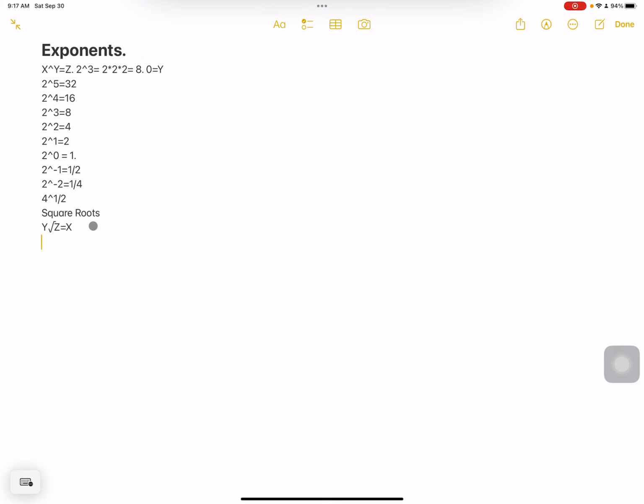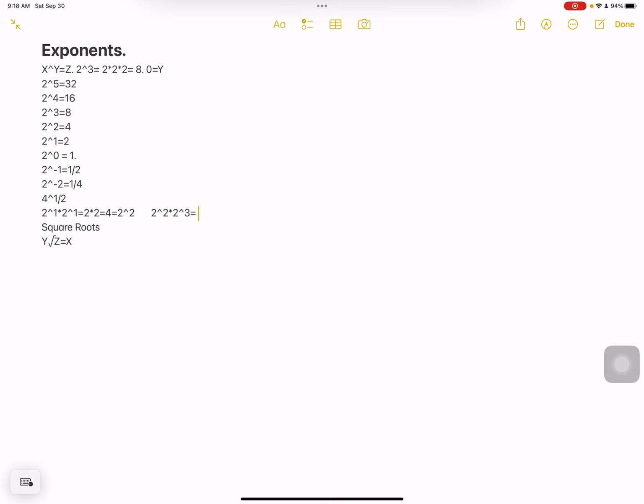Now, let's figure out something new in the exponent chapter. If we do 2 to the power 1 into 2 to the power 1, this equals 2 into 2, which equals 4, which equals 2 to the power 2. But this may not be a good enough explanation for you. So let's do 2 to the power 2 into 2 to the power 3.